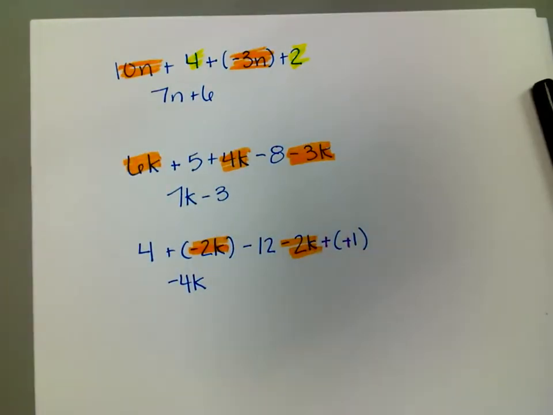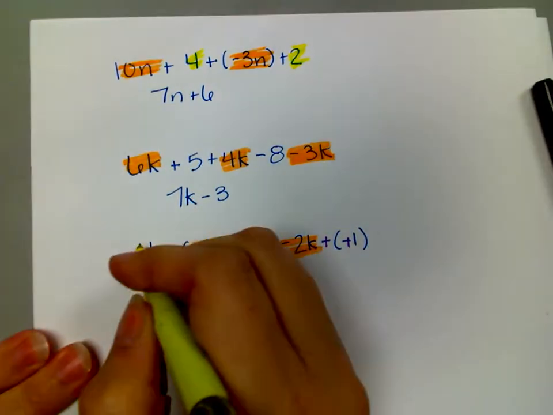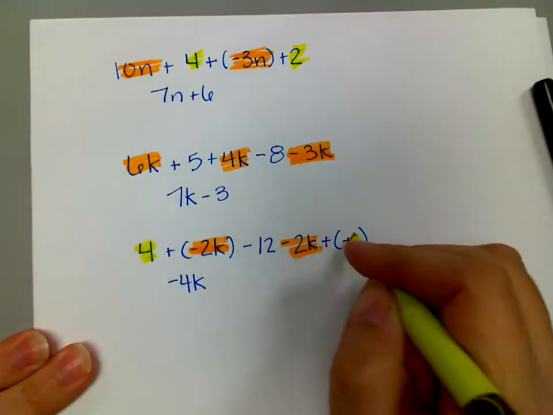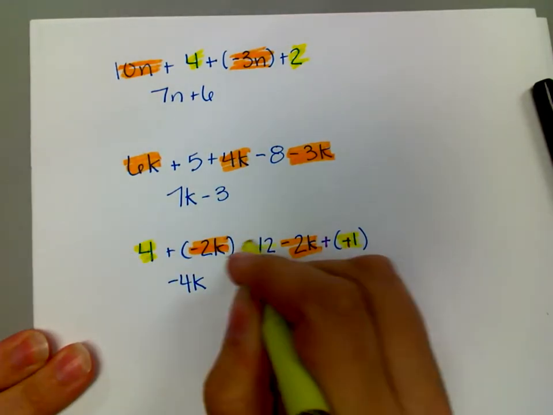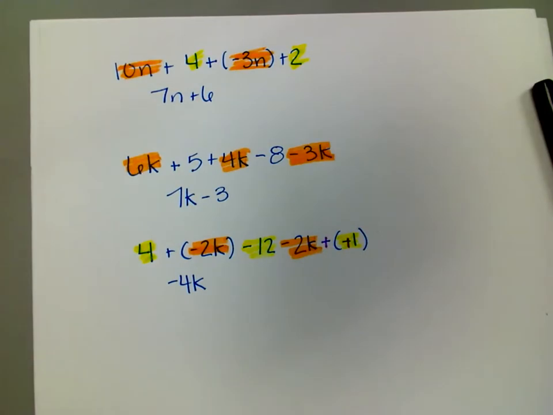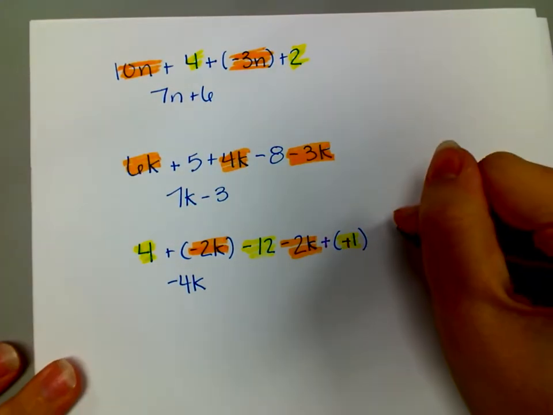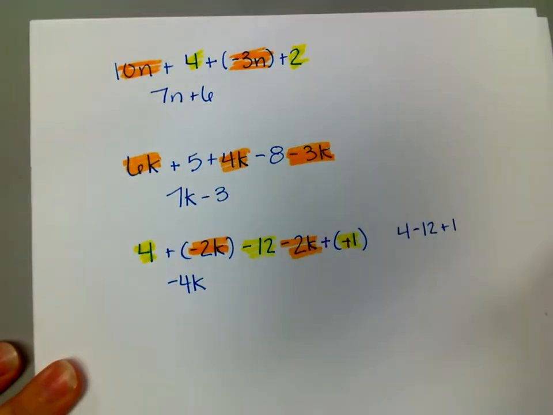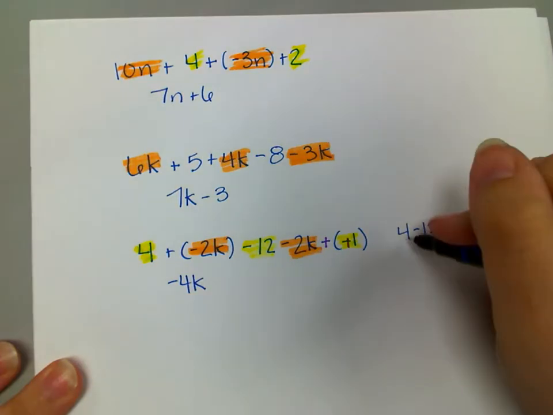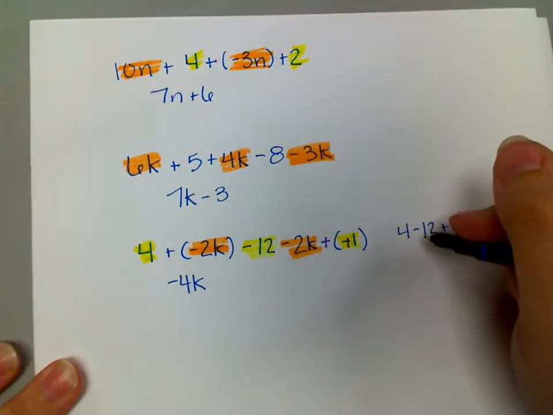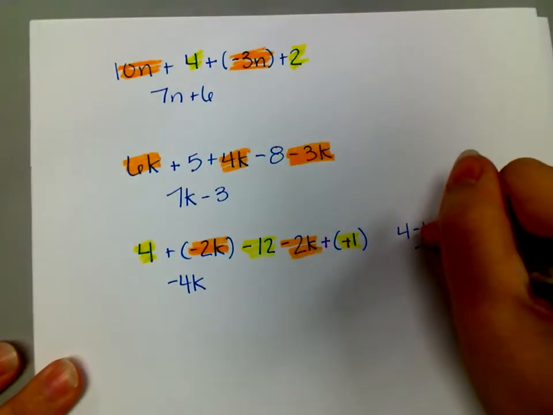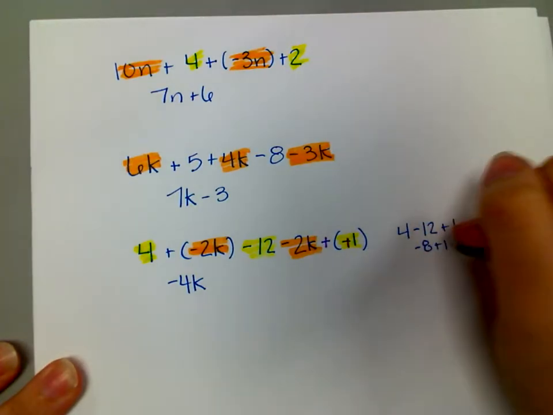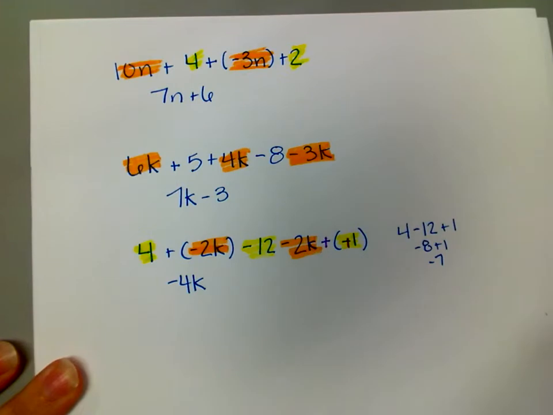And then I have 4 and 1, that makes 5, and then negative 12. Okay, so 5 and negative 12. And if you need to, go to the side and write it: 4 minus 12 plus 1. If I did it that way, 4 minus 12, that's going to be a negative 8, right, plus 1, so it's going to be a negative 7.